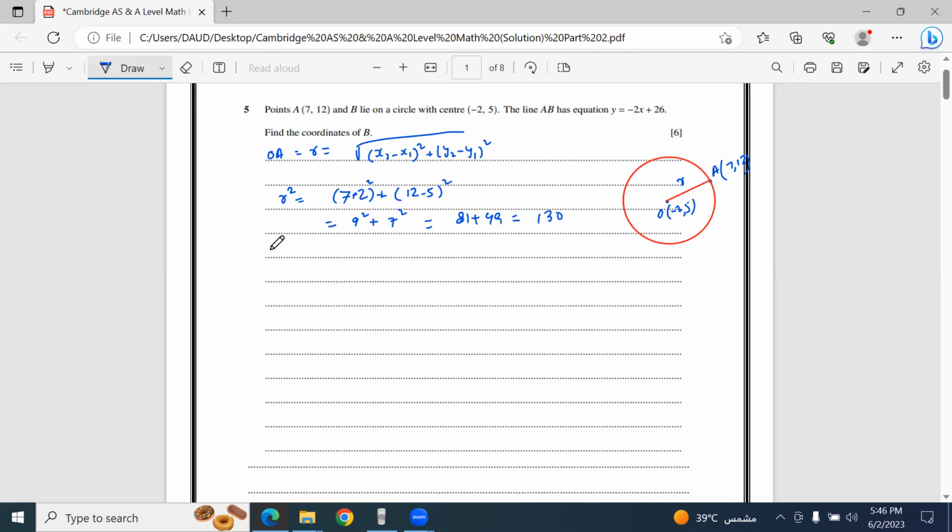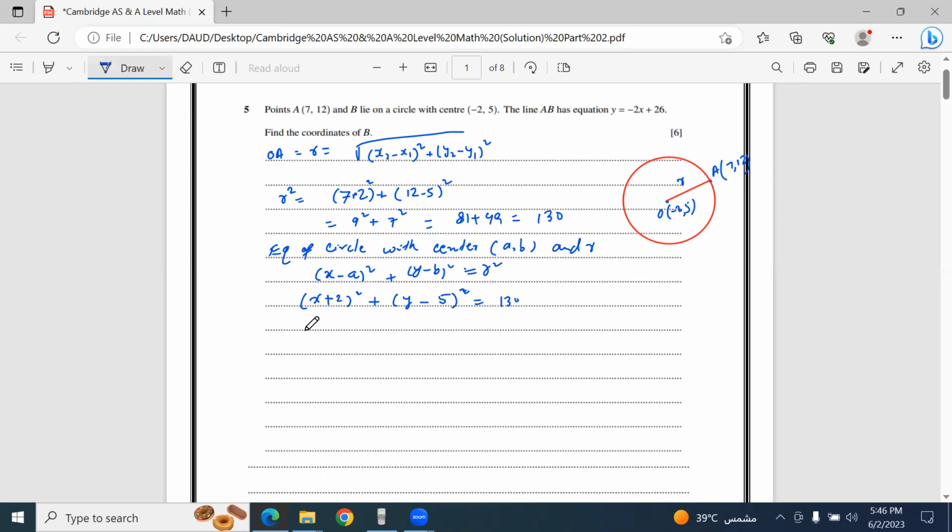And we know the equation of a circle with center (a, b) and radius r is x minus a whole square plus y minus b whole square is equal to r squared. So the given center is (-2, 5), which means x plus 2 whole square plus y minus 5 whole square is equal to 130.